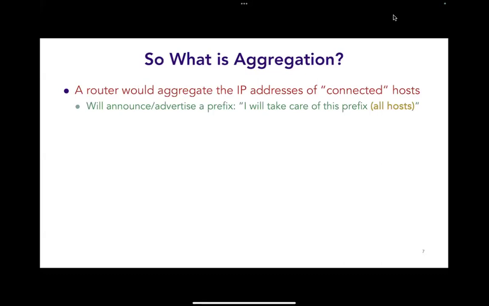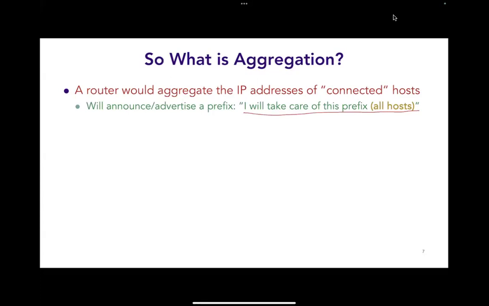Once a router aggregates IP addresses, it will announce the prefix, saying that I will take care of this prefix. That means I will be responsible to deliver a packet for all the hosts which are represented by this particular prefix.